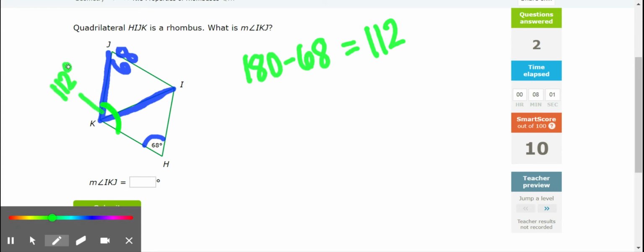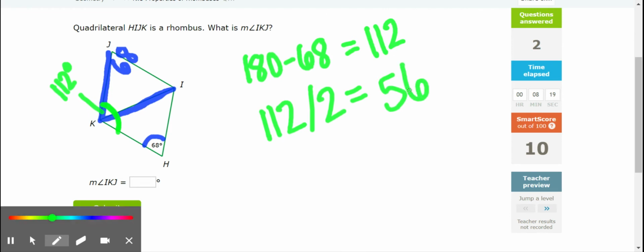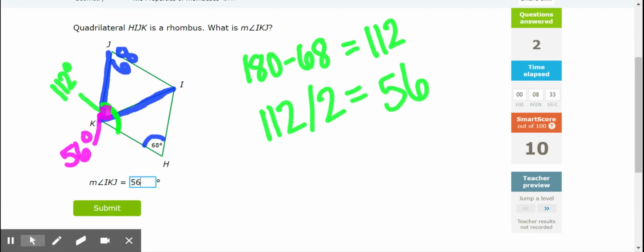I don't want the whole thing, I just want that blue part, and we know that the diagonal cuts that in half. So all I have to do is take that 112 and divide it by 2 so I can get half of it, and 112 divided by 2 is 56. So just that little part that I'm going to put in pink is 56 degrees, and that's the part they're asking for. So I'm going to put 56.